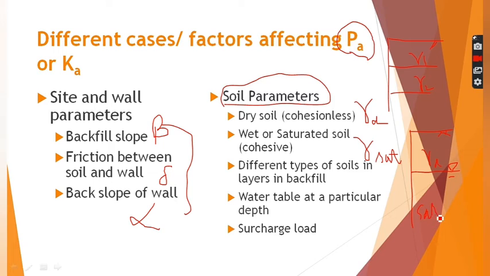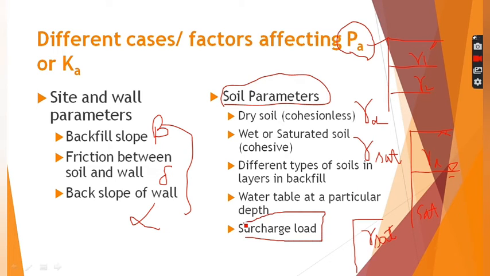Obviously there is a difference in the depth of backfill, so Pa will be different. Similarly, there can be another case where all of the soil sample is saturated. So there will be two types of gamma here, gamma of your soil and gamma of your water. These you must have studied in the effective stress principle, which is in Geotech 1.